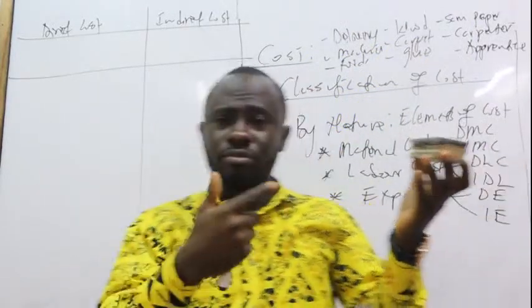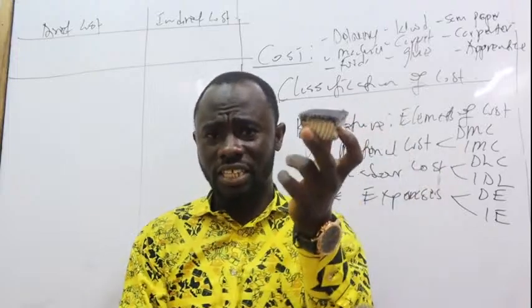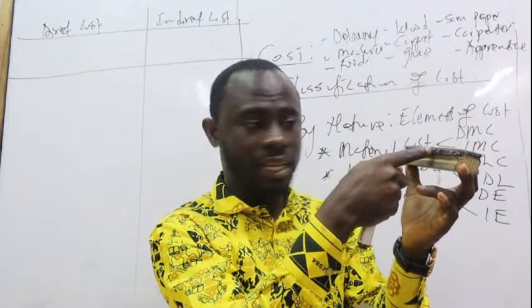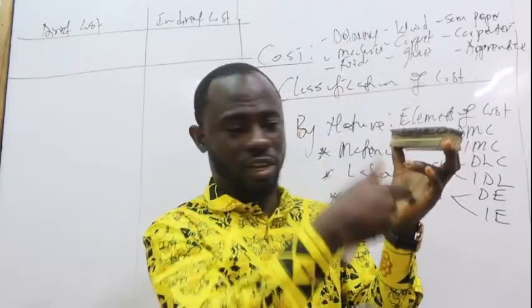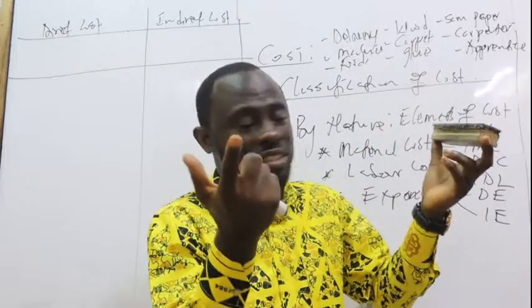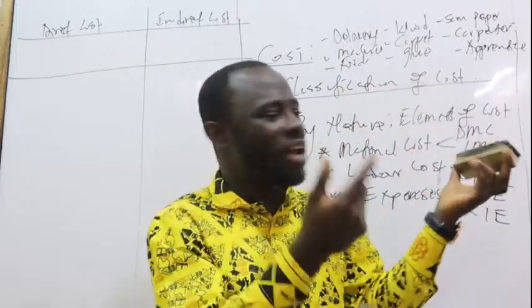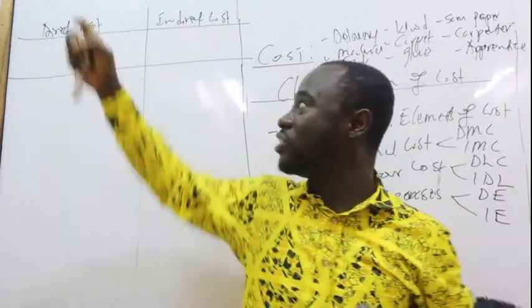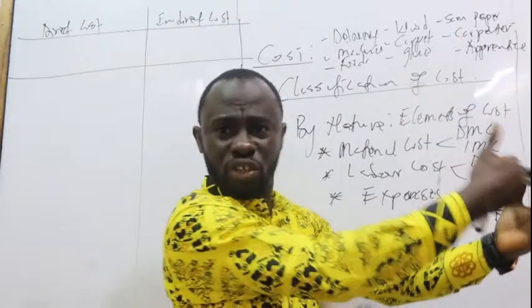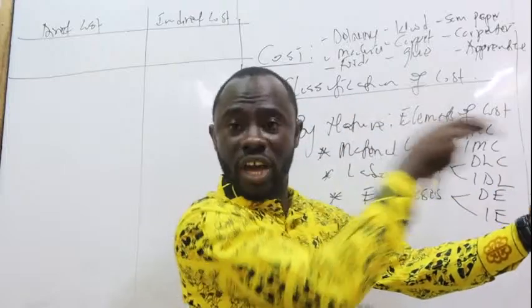Now, what can you see when you see this duster? You can see the wood, you can see the carpet, and probably the glue because it is tied into it. Let's say the glue is part of it. So that is going to be the direct material cost. Why? Because we can trace it, we can allocate it to the final product.